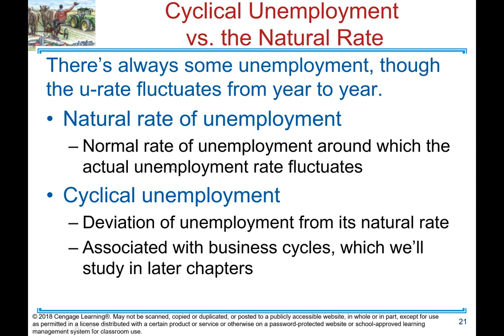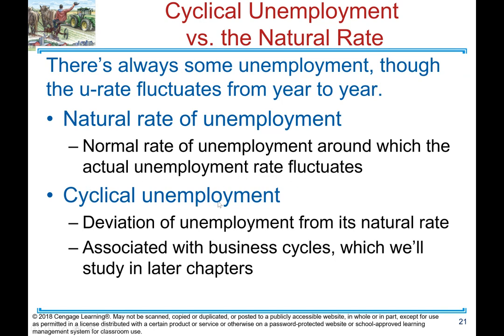Cyclical unemployment versus the natural rate. There is always some unemployment, though the unemployment rate fluctuates from year to year. The natural rate of unemployment is the normal rate of unemployment around which the actual unemployment rate fluctuates.